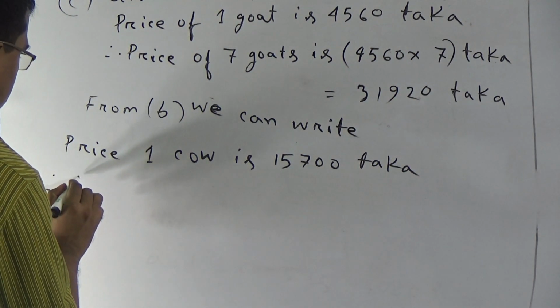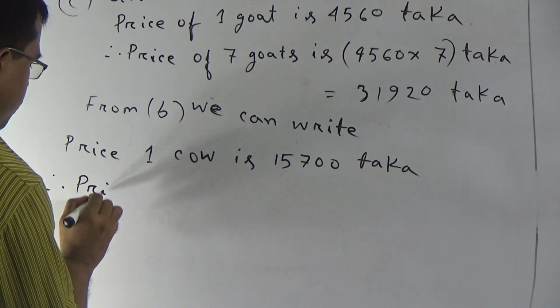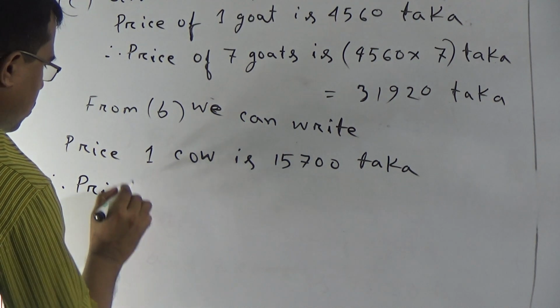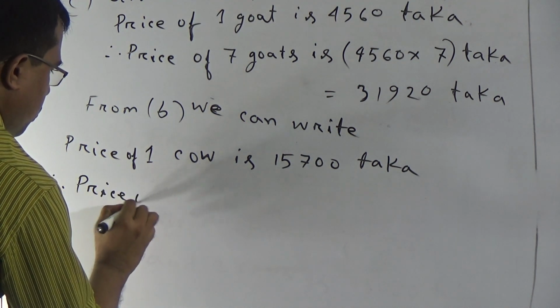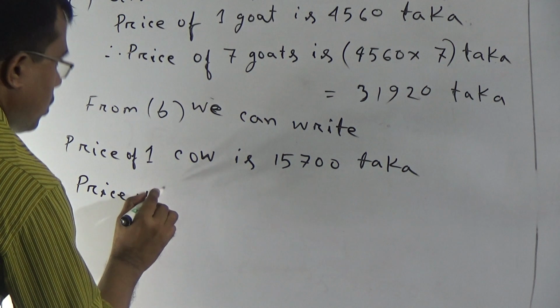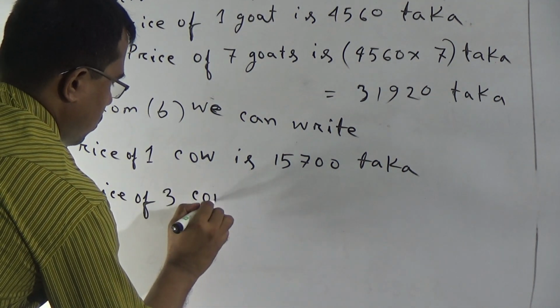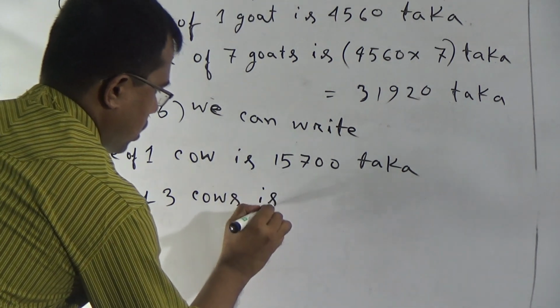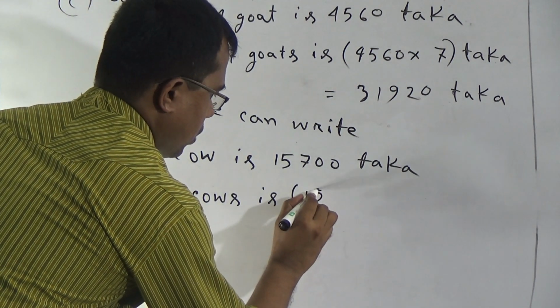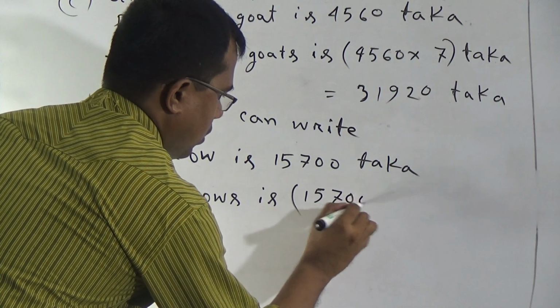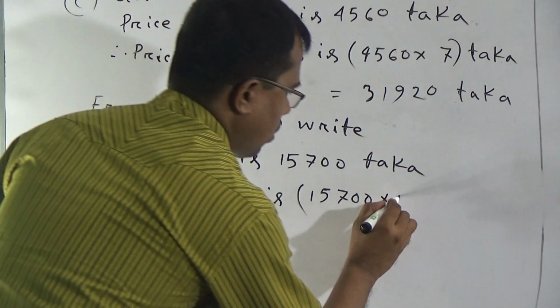Therefore, price of 3 cows is 15,700 multiplication 3.